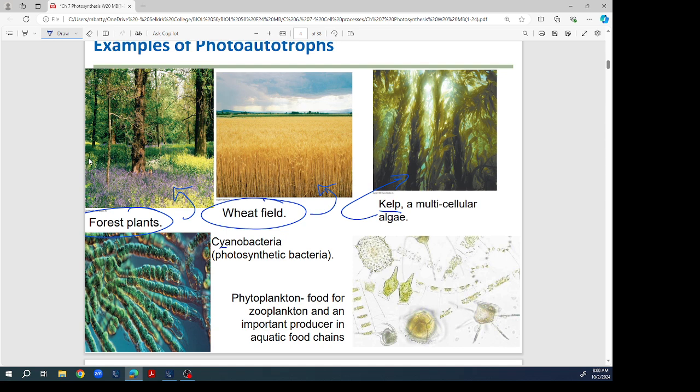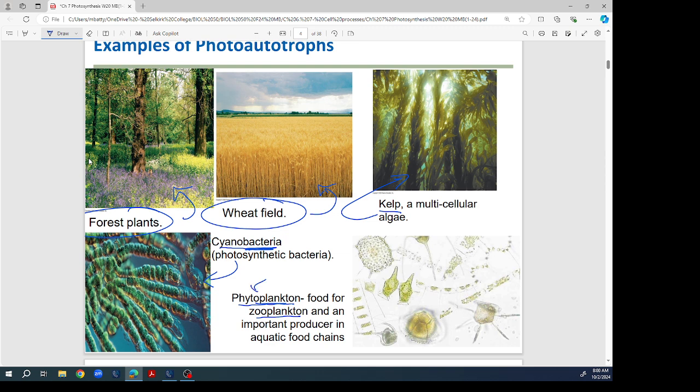Other bacteria, so cyanobacteria, remember I said there were some prokaryotes that photosynthesize, so there's an image of that. And then also into the world of the teeny tiny, eventually we will get to things in this course that we can see, but there is a huge contribution by the teeny tiny. So again, aquatic organisms, so phytoplankton, we have a cycle in here where phytoplankton is the food for zooplankton.